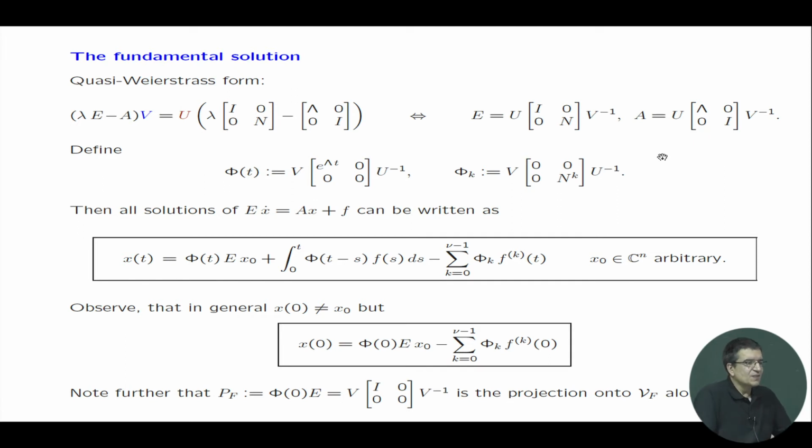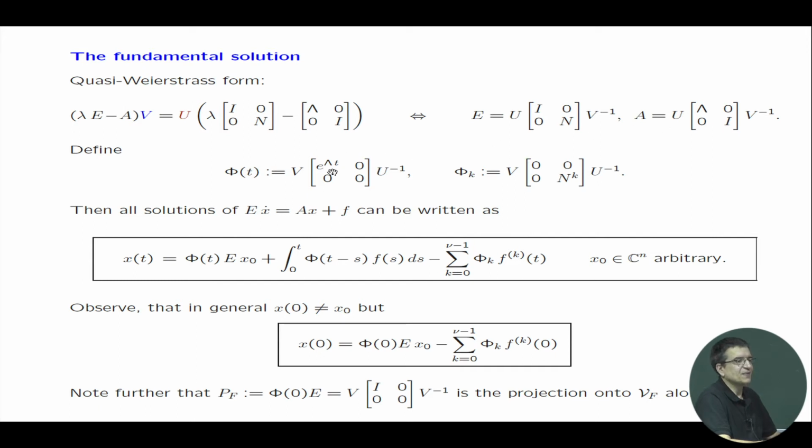And now we can define a function phi of t, which is given in this way. This is obtained from A just by replacing the identity by 0 and taking the exponential of the lambda.